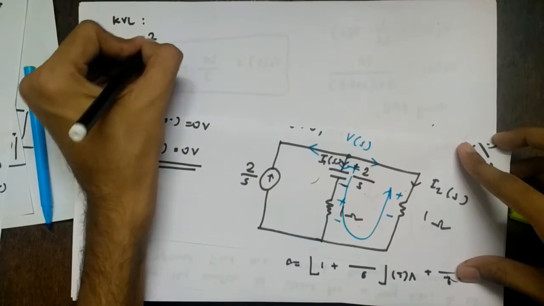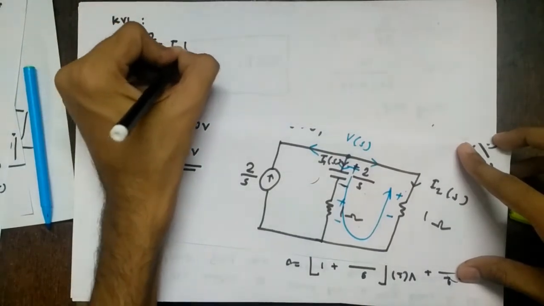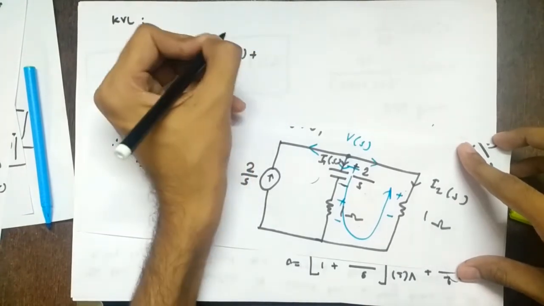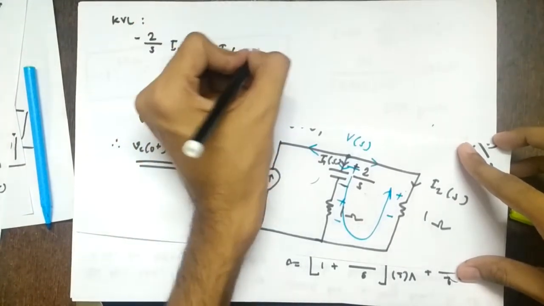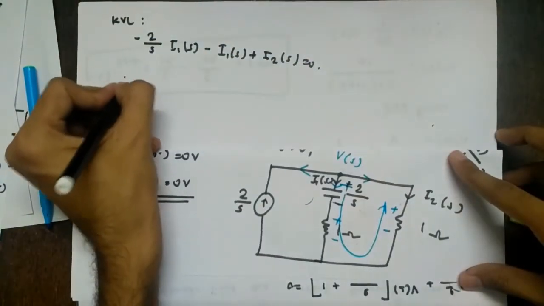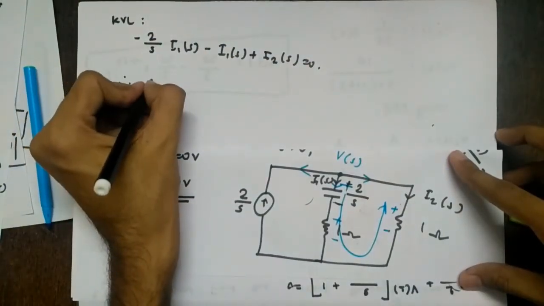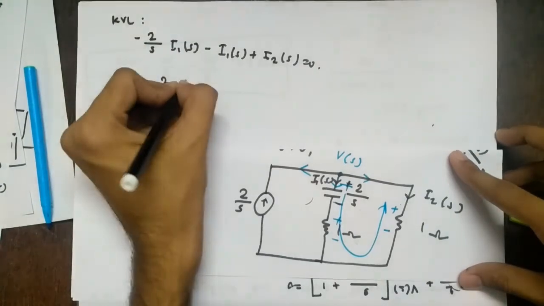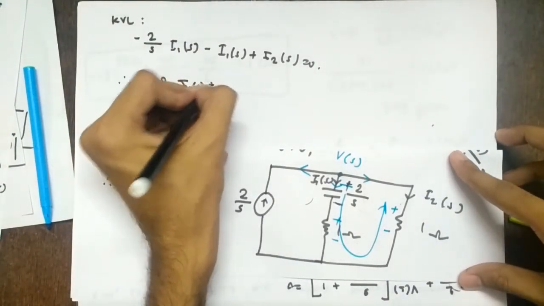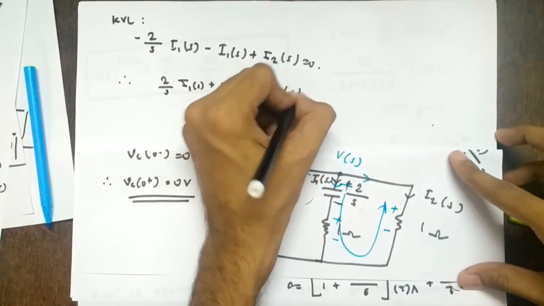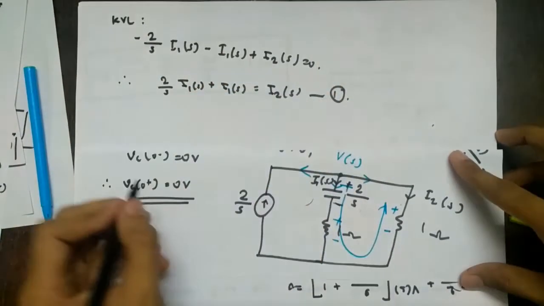So it will be minus 2 by S I1 of S minus I1 of S plus I2 of S equal to 0. So what will I get? 2 by S I1 of S plus I1 of S equal to I2 of S. Let's say this is equation 1.